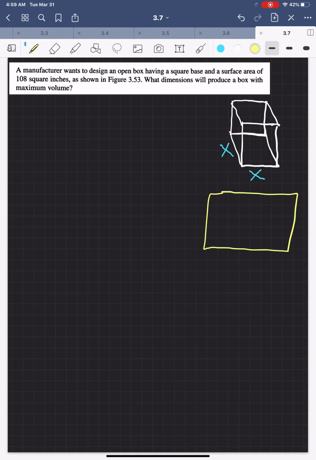You don't care about the dimensions, none of that bothers you. What you care about is that it has the maximum volume. You want to be able to put as much as you possibly can in this box. But the constraint is important. The surface area is going to be 108 square inches.